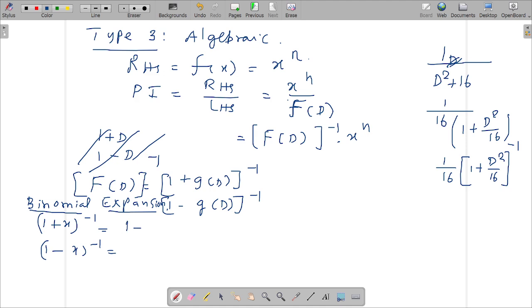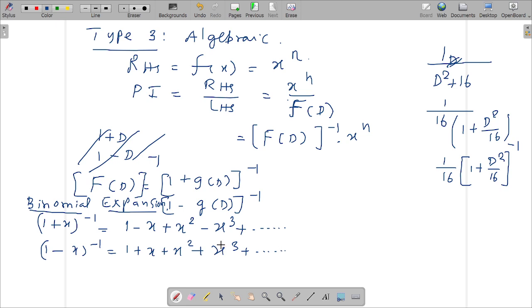Why are you hesitating to tell the answer, I don't know. (1 plus x) power minus 1 is 1 minus x plus x square minus x cube plus etc., alternately plus minus. (1 minus x) power minus 1 is 1 plus x plus x square plus x cube plus etc.